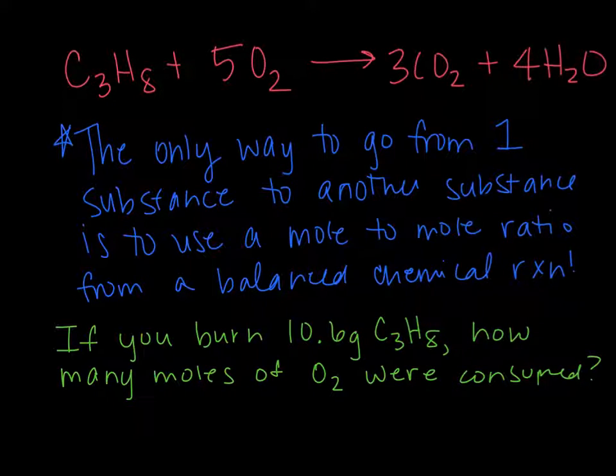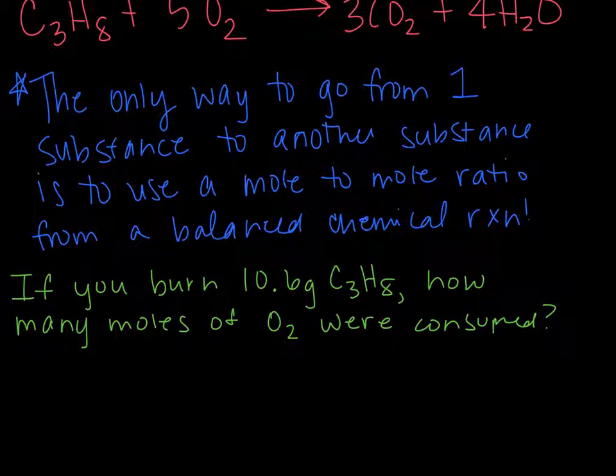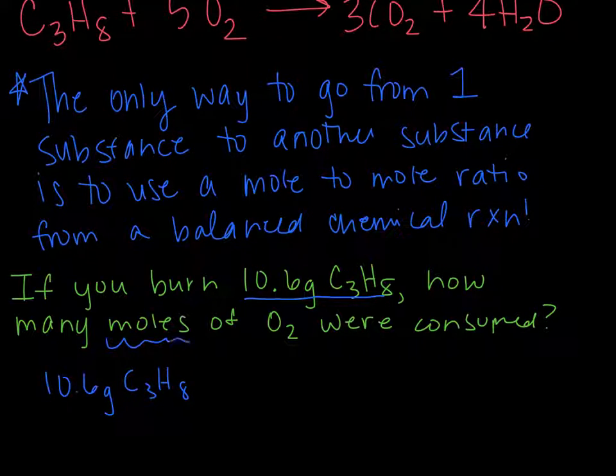Let me move all this up. Now, I'm going to write down what's given to me: 10.6 grams of C3H8. Then I look at what I'm looking for, which is moles of O2.